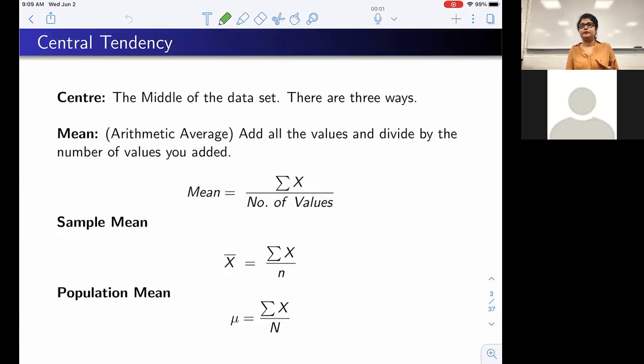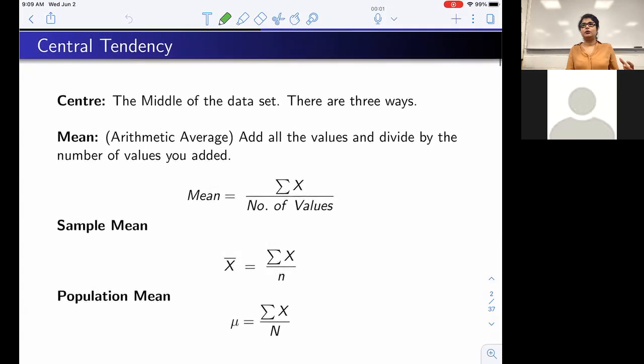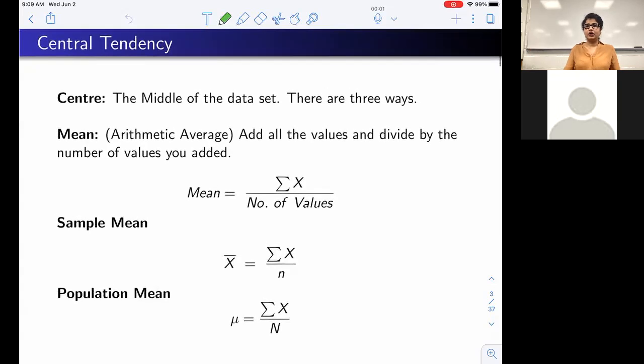For instance, if I have a number of students in the class, and I'm talking about age, with different age groups of people in my class, and I want to find the average age for all of the students, what I will do, for instance, if I have 5 students, let's say I call these 5 students X1, X2, X3, X4, and X5.